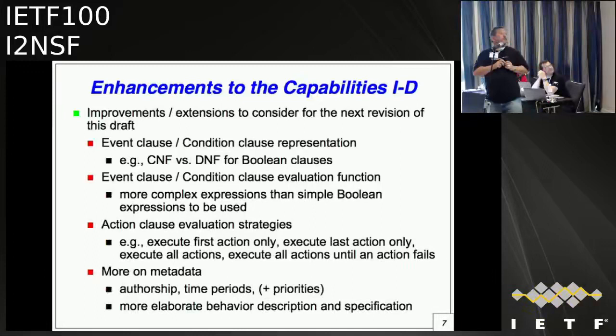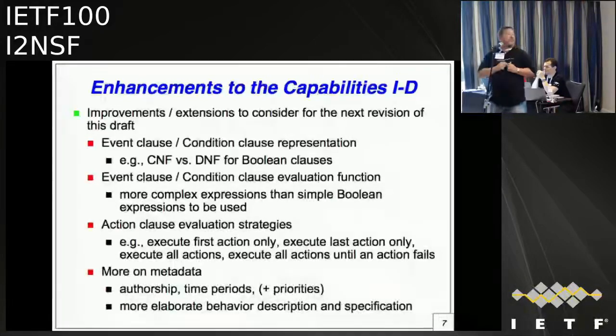So next steps for the capabilities ID, this is actually going to be a fairly large rewrite. It's going to be a large rewrite because we are going to move towards a more academically precise information model with guidelines on how to translate that back into English, so don't be scared.